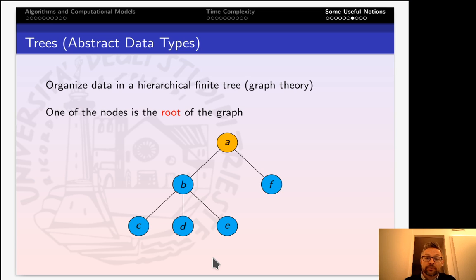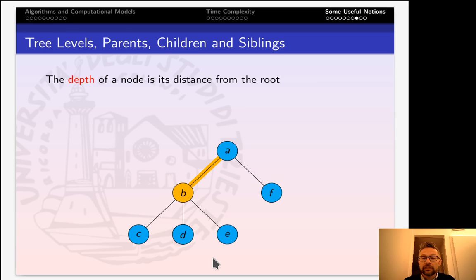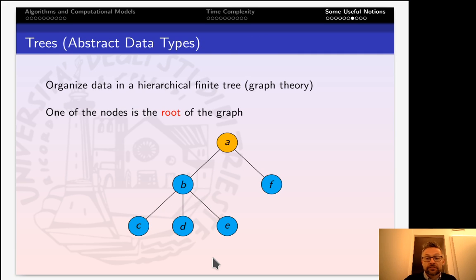By doing this operation, you are organizing the tree into levels. Okay? So now you have the first level, which is made up by the root, then the second level, which is made up by the nodes directly connected to the root, and so on and so forth. But we will see it later on.